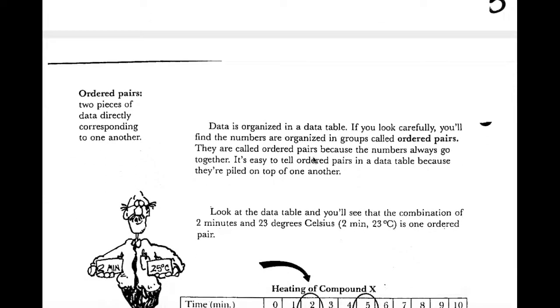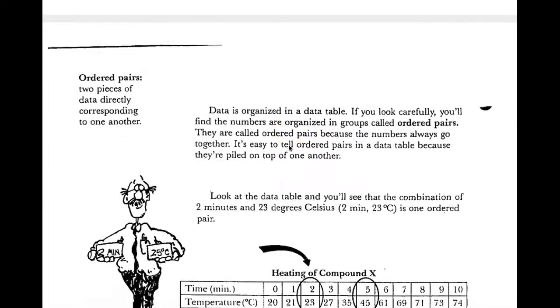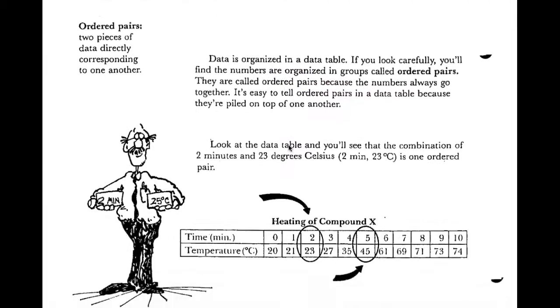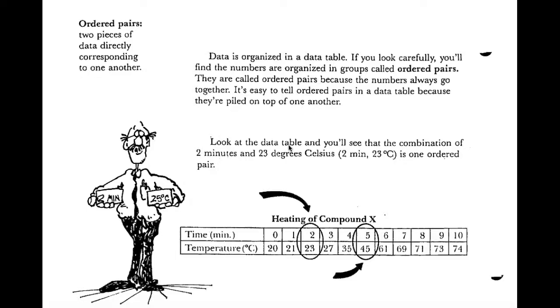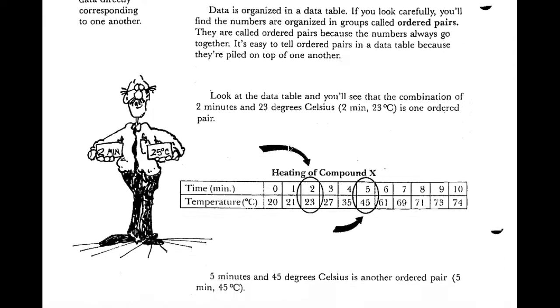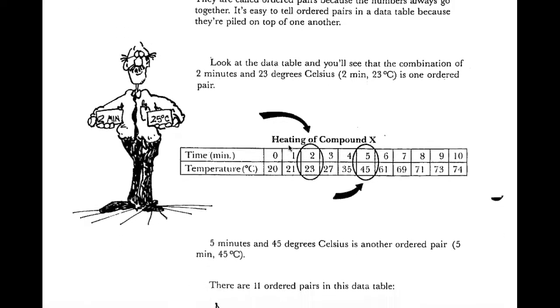Data is organized in a data table. If you look carefully, you'll find the numbers are organized in groups called ordered pairs. They're called an ordered pair because the numbers always go together. It's easy to tell ordered pairs in a data table because they're piled up on top of one another.